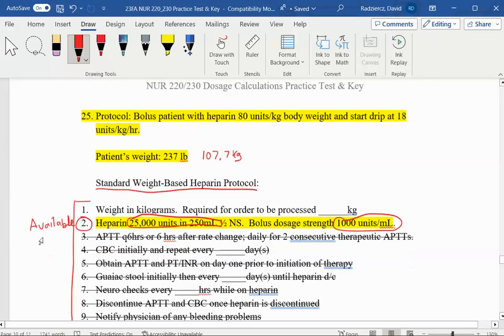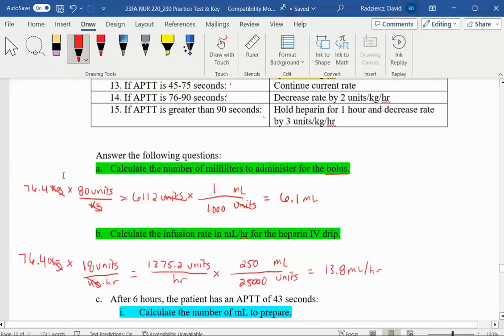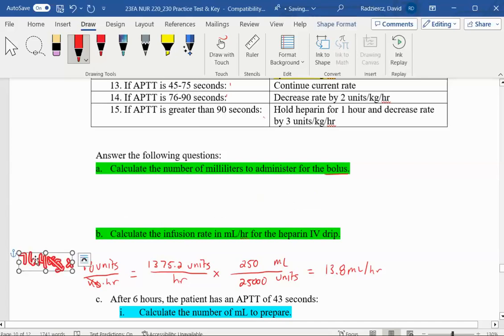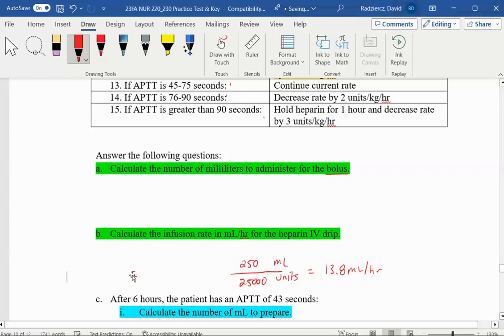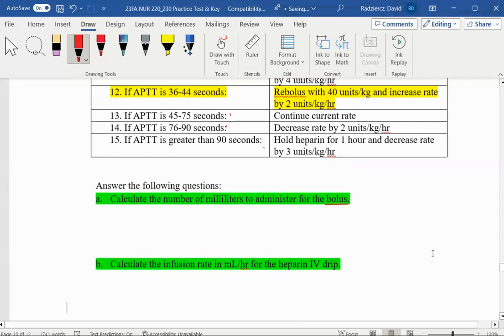All right. So on your test, you're going to see one of two scenarios. Scenario one is they're going to ask you to calculate the bolus dosage strength and the initial infusion for your patient. So you're going to see part A, part B, and that'll be your one question. You have to answer those two parts to answer the one question. In order to get credit for the question, you need to answer both correctly.